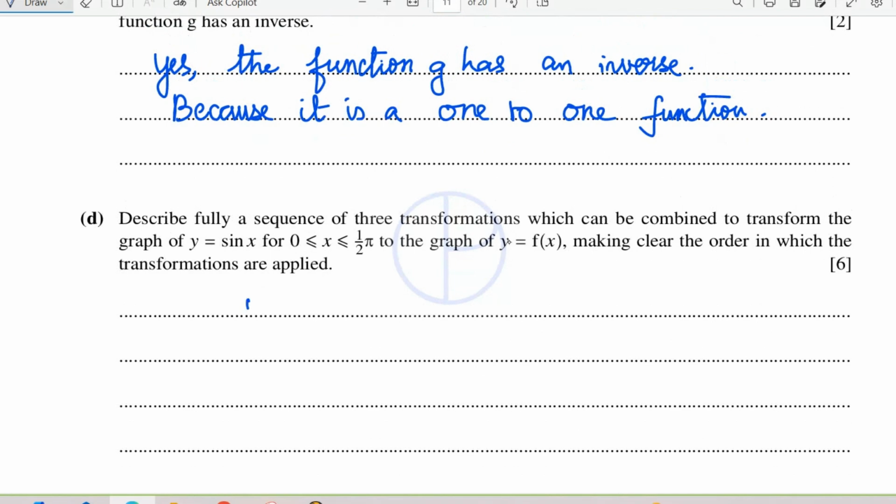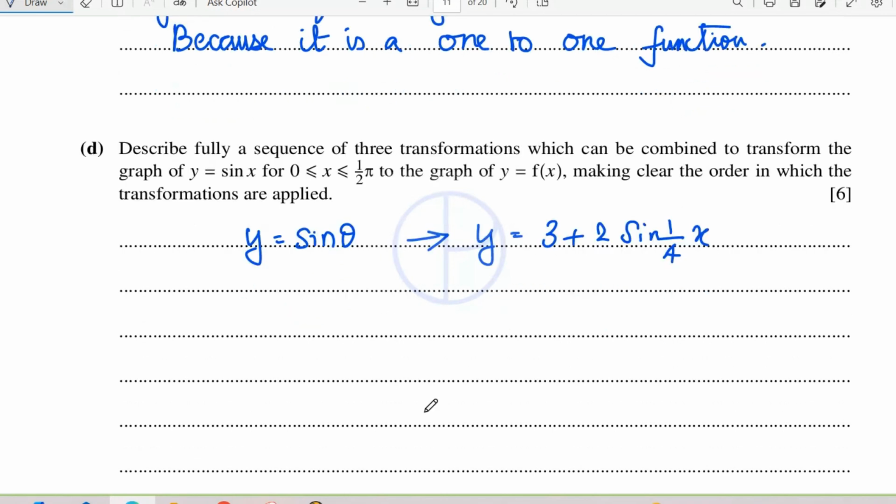So y is equal to sine x to y is equal to 3 plus 2 sine 1 over 4x. So first start from here. First there is a stretching in the x direction with a stretching factor of 4.